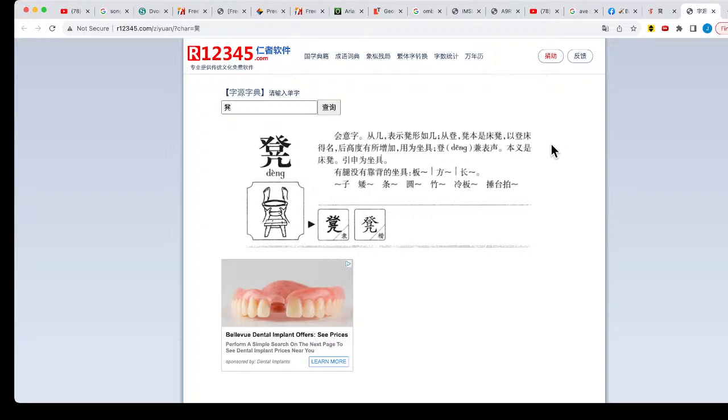Very low bed, so they call it 凳. But later they raised the height for sitting. Okay, so in very old times, life is not like nowadays. Even seating furniture was rare.